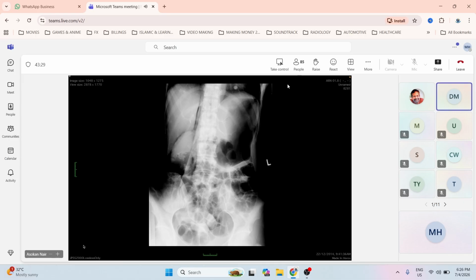There is some linear branching opacity at the liver. So what is that? Likely a previous procedure. Yes, like what? ERCP. Yes, because there's contrast in the biliary system.